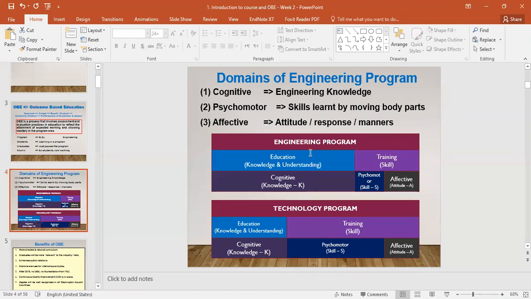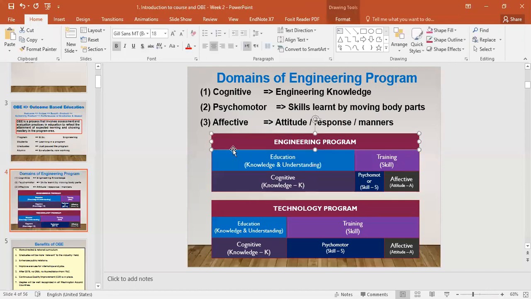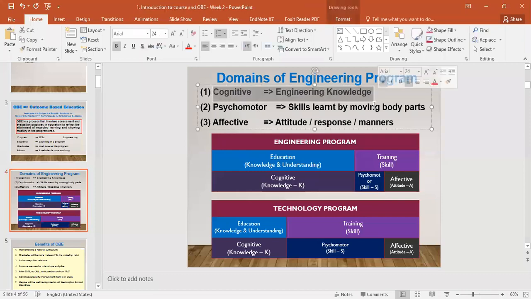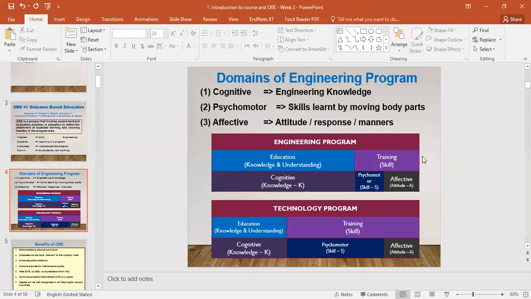For this course, if I say that we will study the types of drawings, that comes under the cognitive domain, or you can say that the cognitive domain covers this content of our course, the types of drawing. And what about the psychomotor domain?